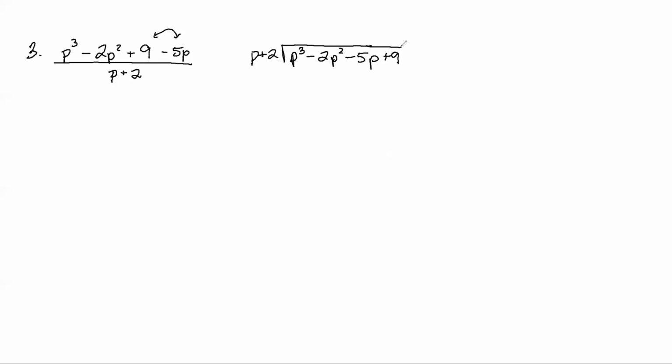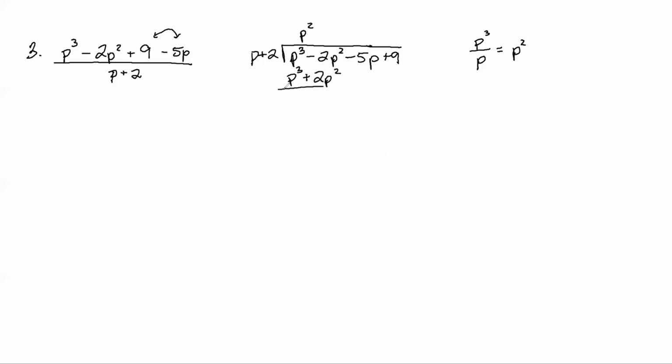So let's go ahead and get started. So p cubed, first term divided by first term. So p cubed divided by p. Cancel out a p and we're left with p squared. So divide, multiply, subtract. So now we multiply. P squared times p is p cubed. P squared times 2 is 2p squared, so plus 2p squared.